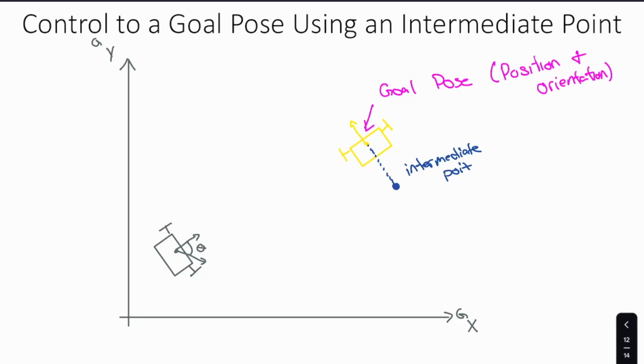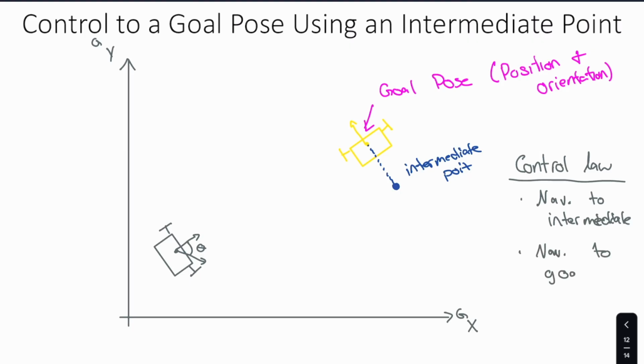So for this one, your control law will have two phases. Navigate to intermediate point, and then navigate to goal point. The nice thing about this version is that both of those controllers are going to be the same.